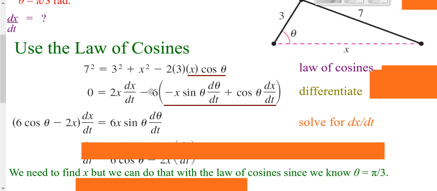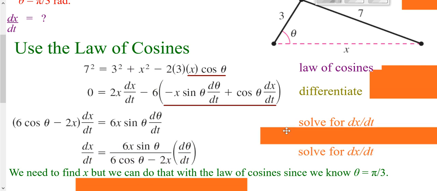So we could take this to the other side, distribute through, and it would be a plus 6x sine theta d theta/dt, so we have that here. Distribute through your negative 6, it'd be a negative 6 cosine theta dx/dt, so we add that to the other side, that's why it's positive. We pulled out the dx/dt here. To get dx/dt by itself, we have to divide by the parentheses. So we get the right side divided by the parentheses.